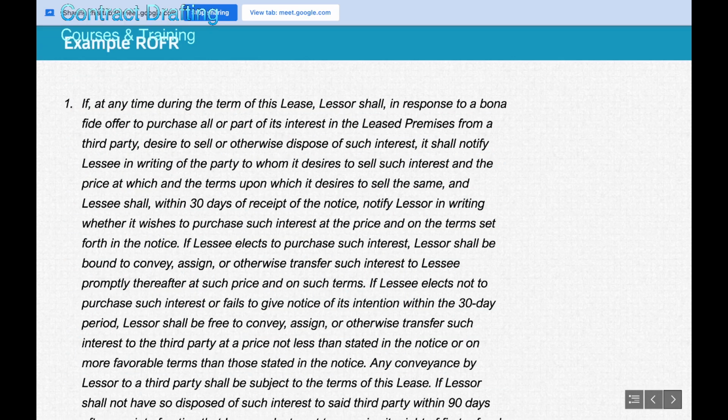The example that we have here in the slide is a lengthy clause, but if you look at the language, this is a right of first refusal in a lease agreement.